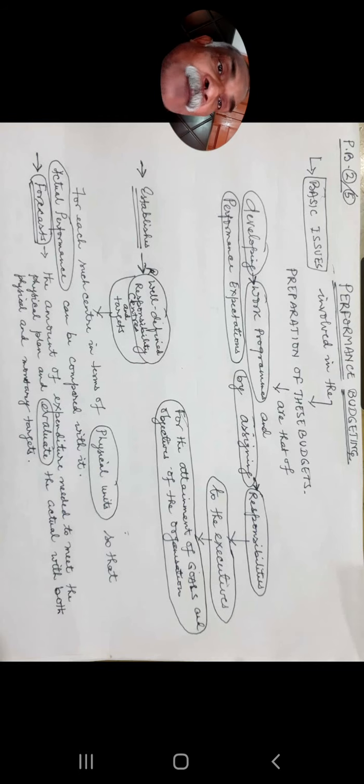So first of all, we have to develop work programs: how we may make a program, in how many months or years we want to complete it, and how much cost is incurred per unit. In this way, we have to develop a work program and performance expectations, and by assigning responsibilities.